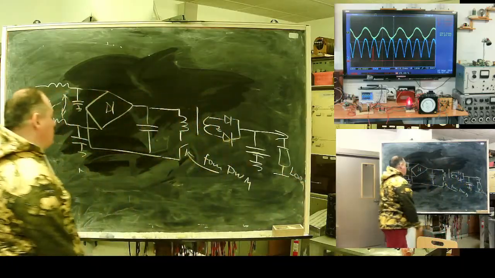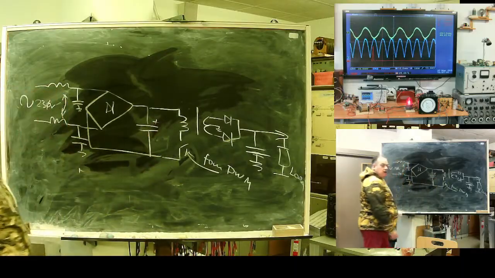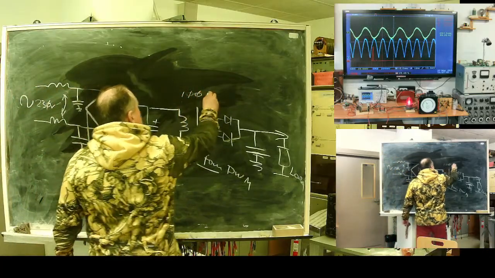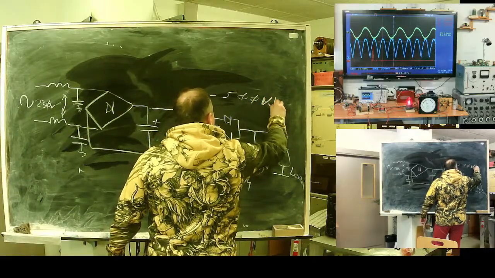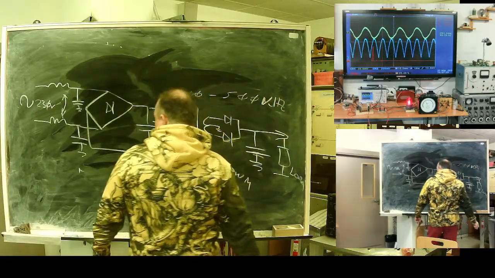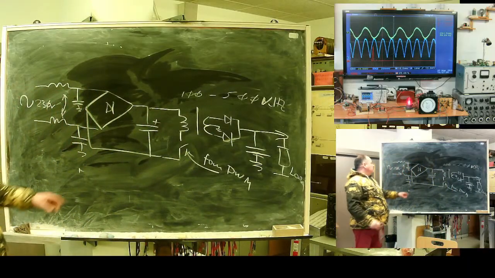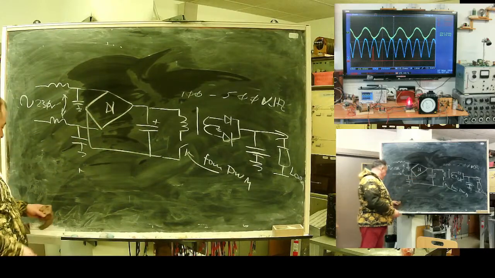Here is the modern schematic. The transformer operates at high frequencies, 100, 500 and more kilohertz. And on the DC side, the rectifier is on the high voltage side.